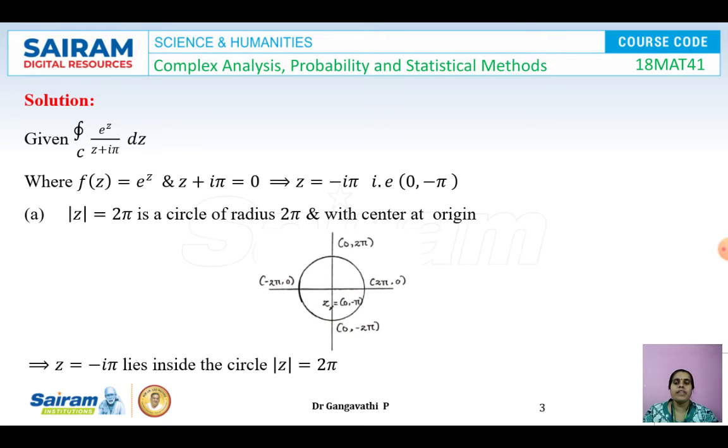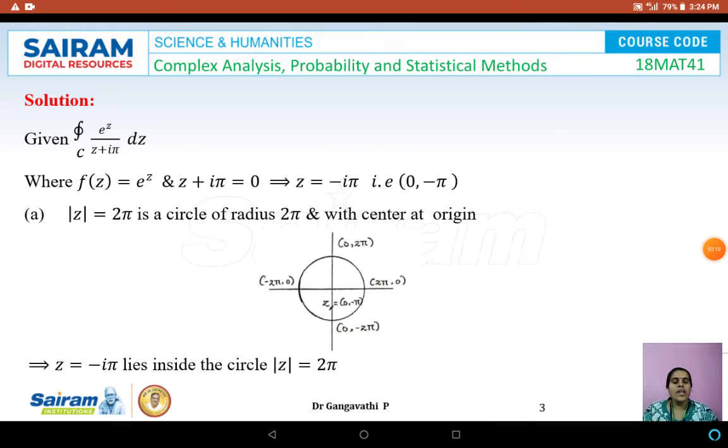Consider the given integral. f of z is the numerator, e to the power of z, and the denominator is z plus i pi, which is equal to 0. From here we get z equal to minus i pi. Here z is nothing but x plus iy, which is equal to minus i pi.